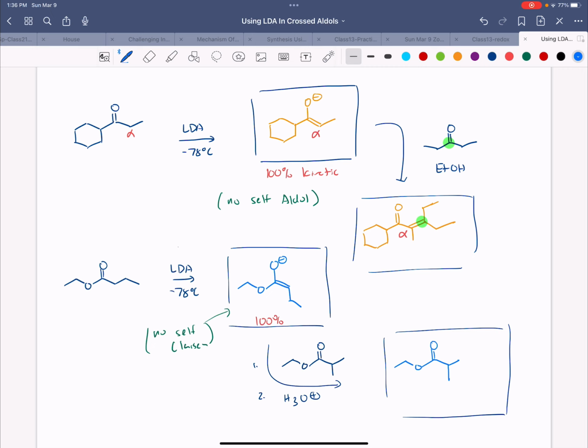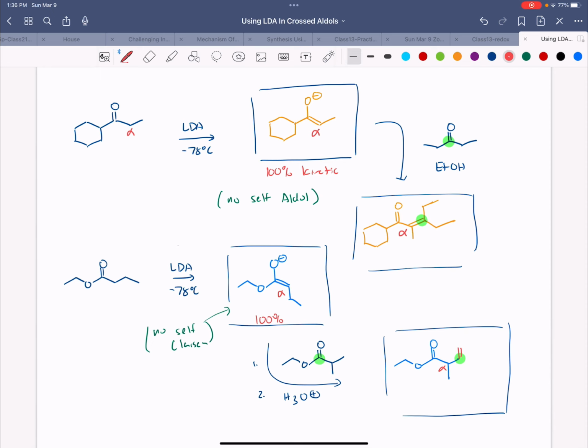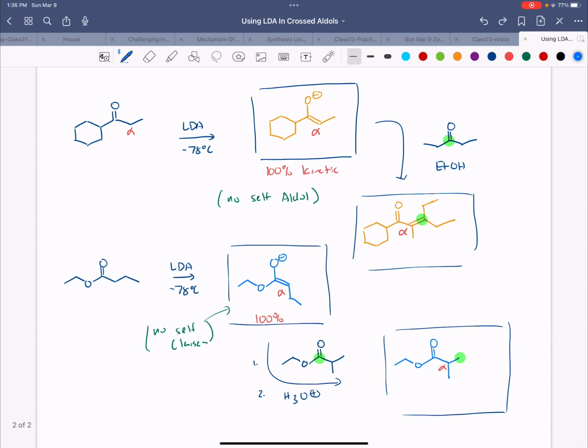So we attacked, again, the dot right there. Let's label the alpha, alpha, alpha. And so let's finish up the drawing. You remake the double bond, and you kick out the leaving group, but you still have this other junk on it, right? That's your final product for the crossed Claisen, or specifically the directed cross Claisen using LDA.